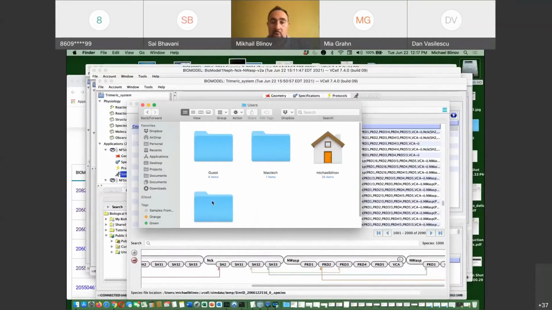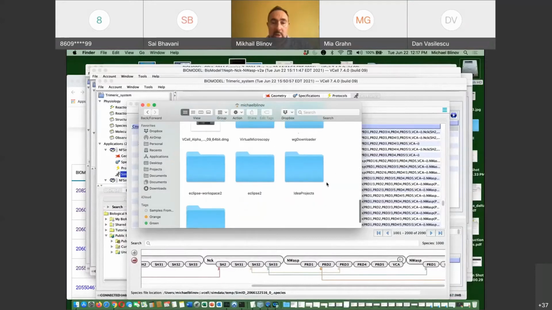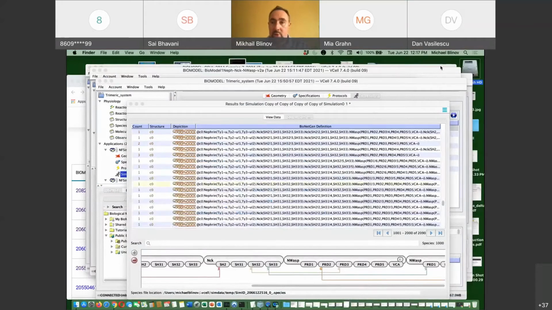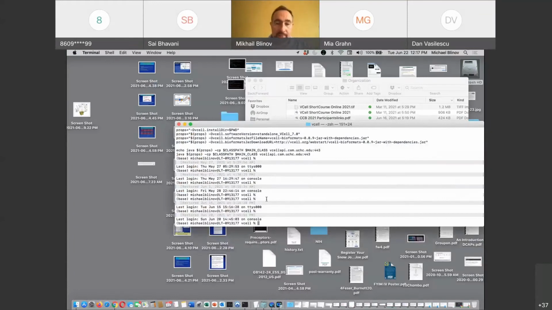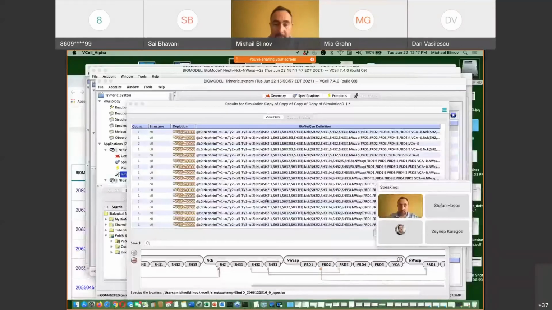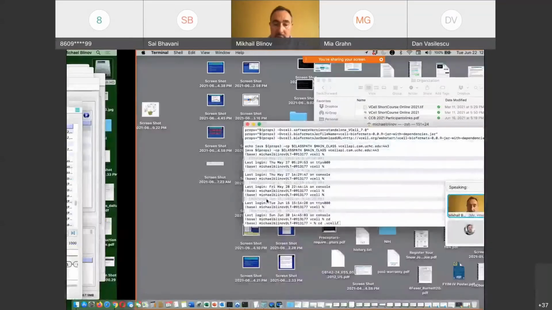So what Oni was talking about, sim data temp.